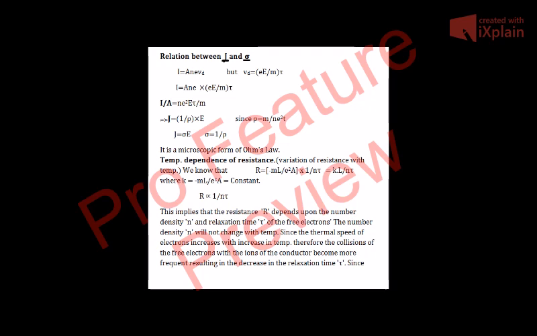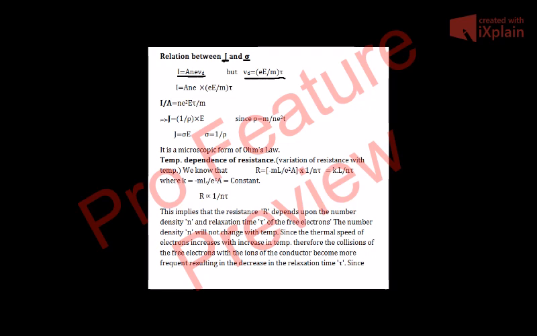As we have derived a relation between drift velocity and current, we found that I is equal to A n e Vd, where A is the cross sectional area of the wire, n is the number density, e is the charge on an electron, and Vd is the drift velocity. We also know that Vd is equal to eE by m into tau.